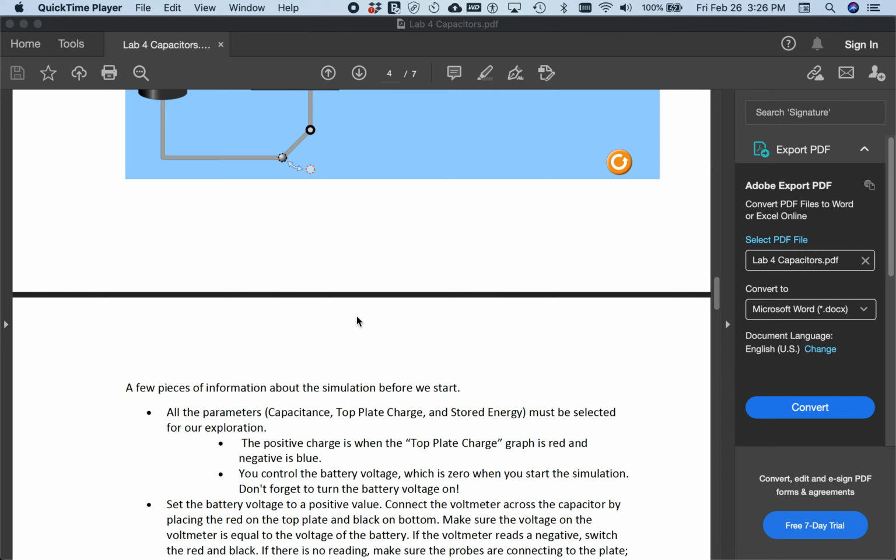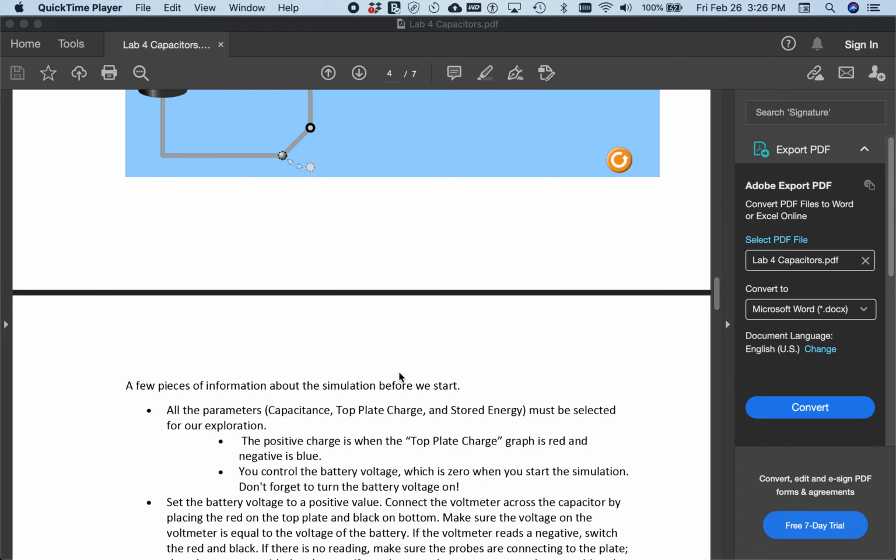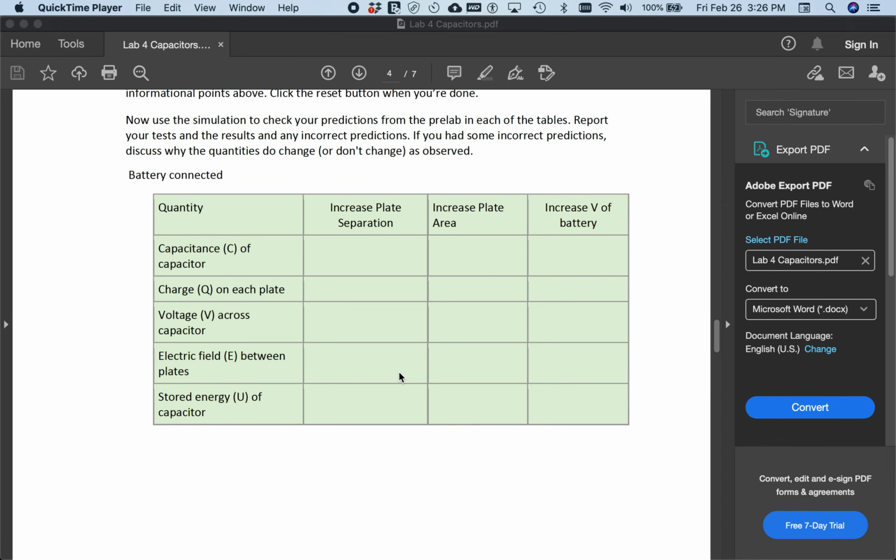Students are going to see what happens to the capacitance if they change the separation or the area of the plates, or if they increase or decrease the voltage of the battery. Then record that right here: what happens to the capacitance of a capacitor and the charge, the things they are going to be looking at.